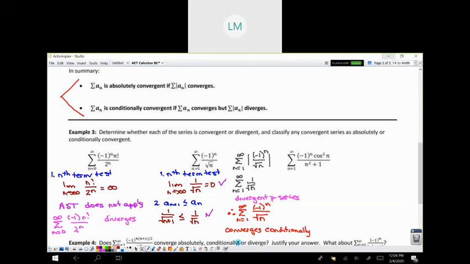All right, so we're going to do one more example, and then I will let you work through example 4 on your own. All right, so we're going to start with the nth term test. So we have the sum from n equals 1 to infinity of cosine squared n over n squared plus 1. We know that that goes to 0.